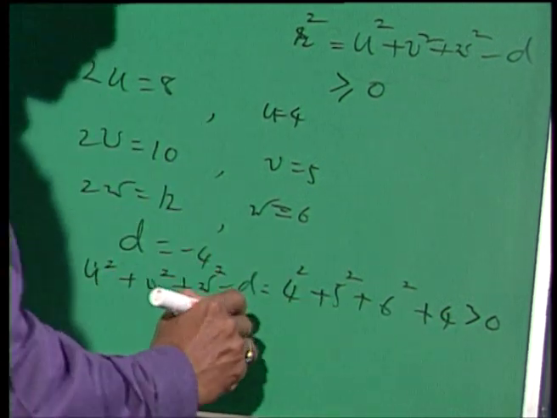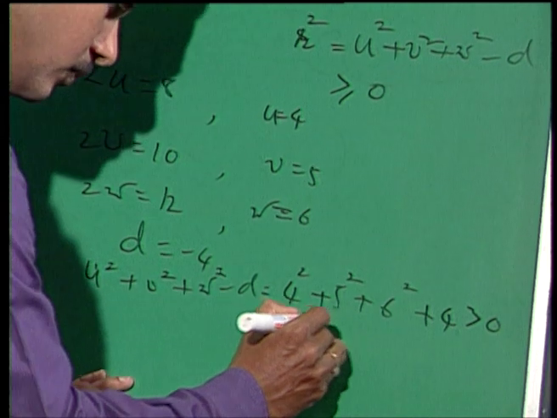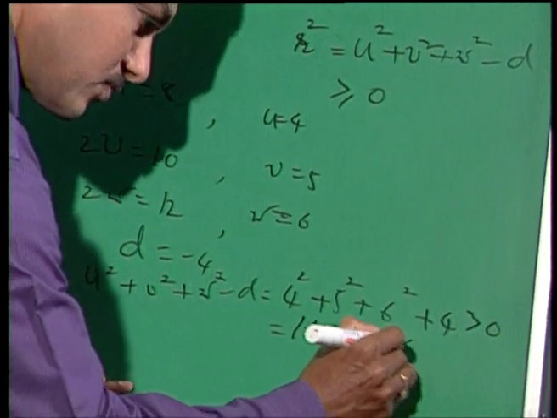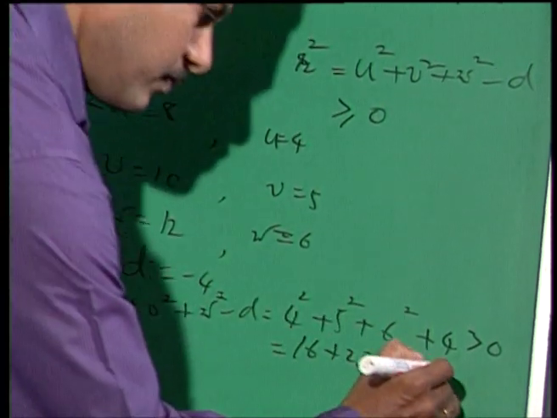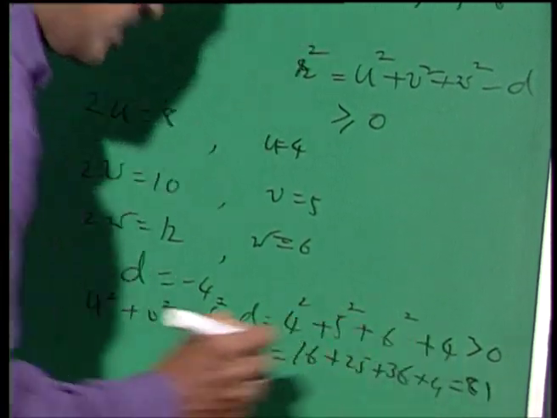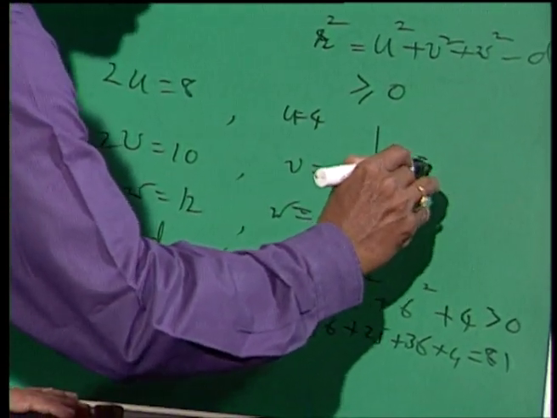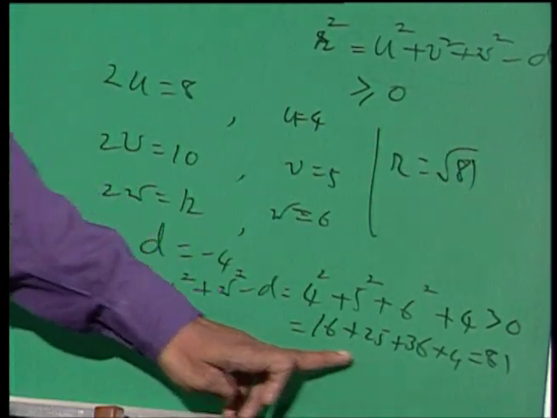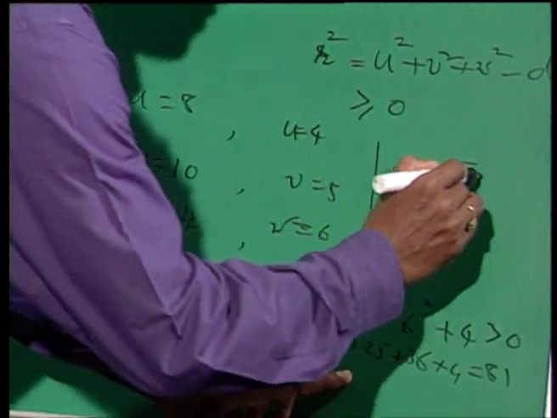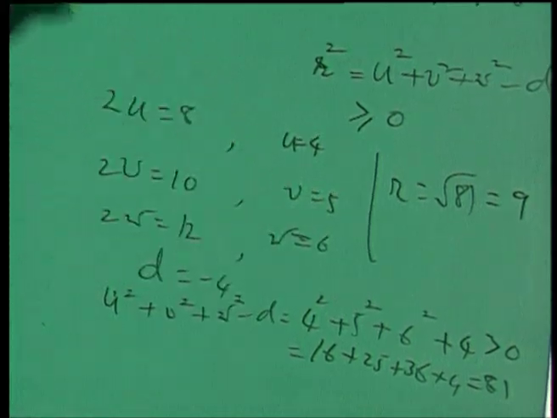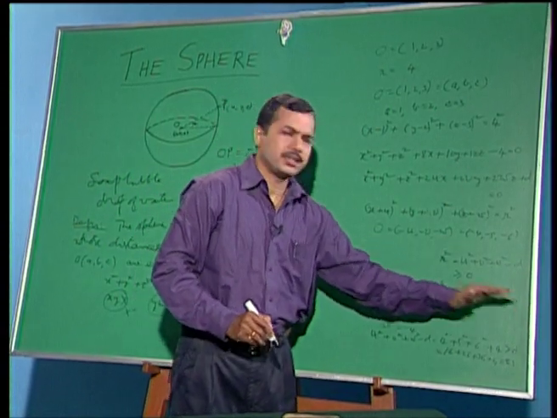When we simplify this, we get 16 plus 25 plus 36 plus 4, which is 40, 56, 61, 81 (adding up to 81). This is the r square term, therefore the radius becomes the square root of this, that is root 81, that is 9 units. So, for this sphere, the center is this one and the radius is 9 units.